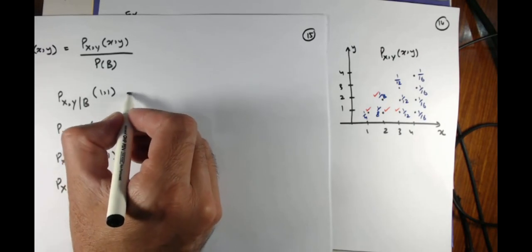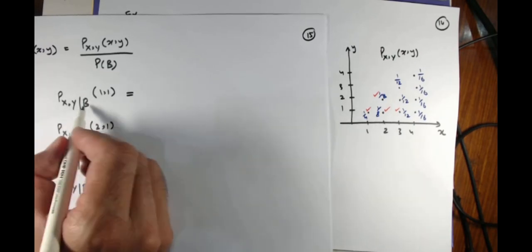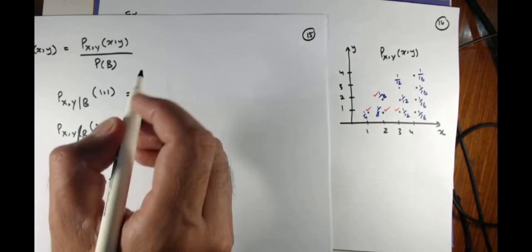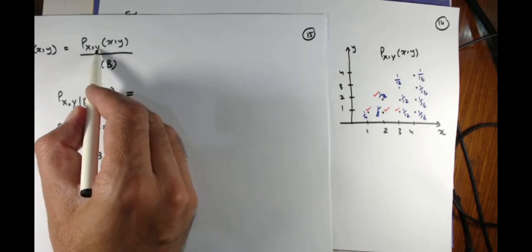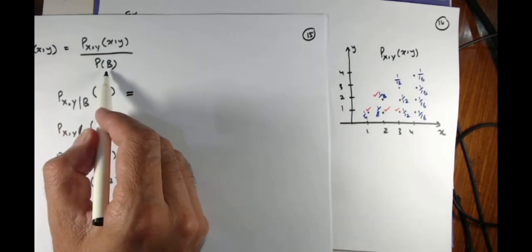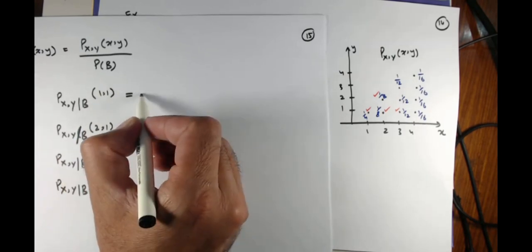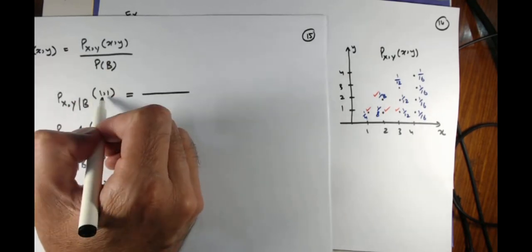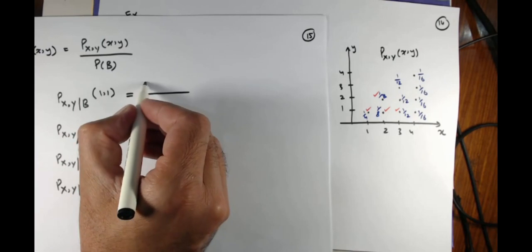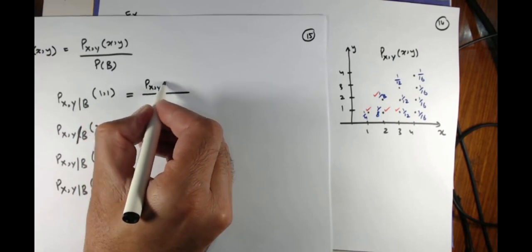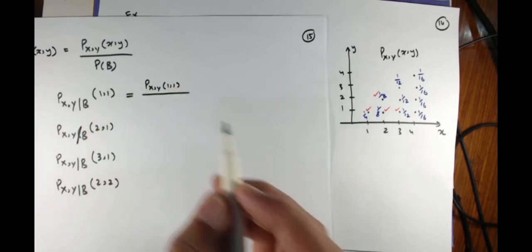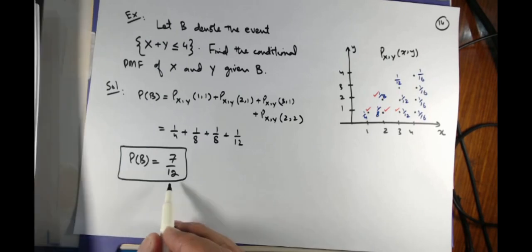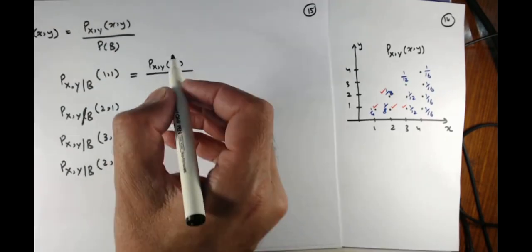By formula, how can we find this particular probability? It is the unconditional PMF divided by P of B. So what is the unconditional PMF of this point 1 comma 1? You see P sub x comma y of 1 comma 1, which is 1 by 4, divided by P of B, which we have already found as 7 by 12.